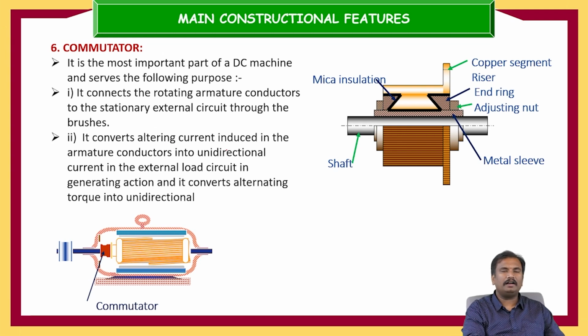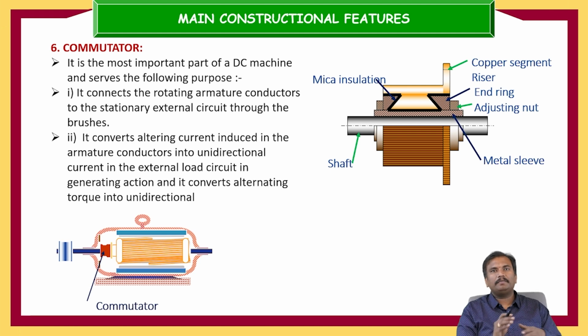It converts alternating current induced in the armature conductors into unidirectional current in the external load circuit in generating action, and it converts alternating torque into unidirectional torque in the case of a motor.